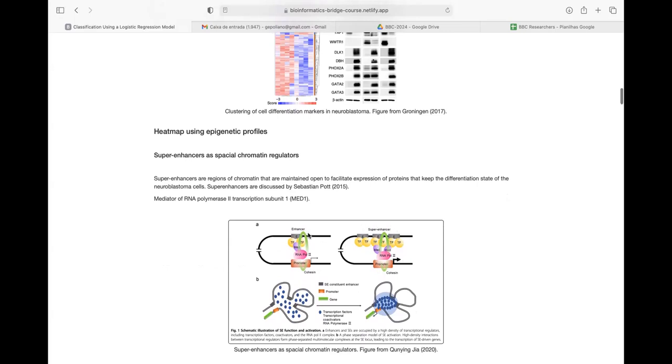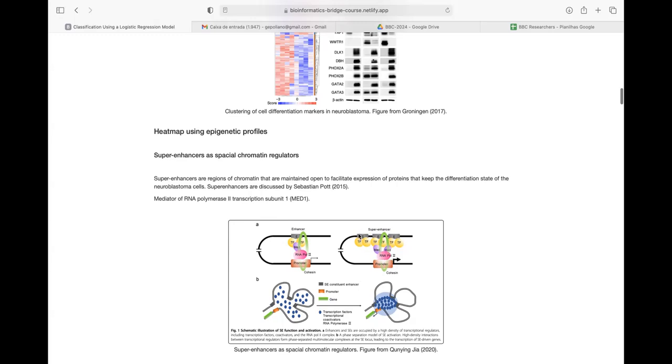A super enhancer is a combination of enhancers that come together. And because they come together, this can attract the cellular machinery that is responsible for the expression of the gene just downstream of the promoter region.